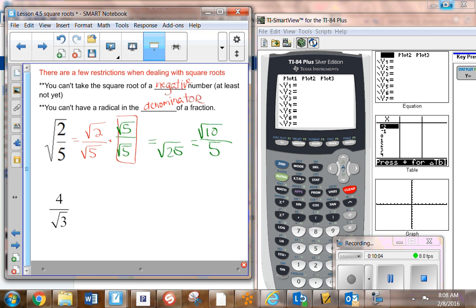And the 1 we're going to use is going to match the denominator, so we're going to use the square root of 3 over the square root of 3. Not changing the value of it, I'm just getting that square root of 3 off the bottom. Just like that. So on the top, I'll have 4 radical 3. On the bottom, I'll have square root of 3 times square root of 3, which is square root of 9. Oh, wait a minute, what's the square root of 9? Yeah.